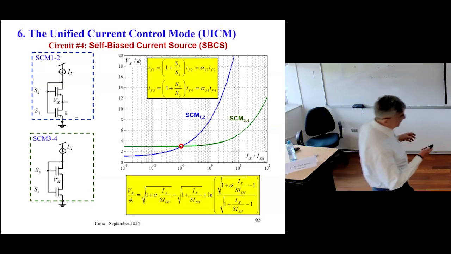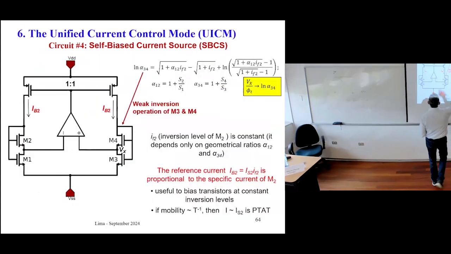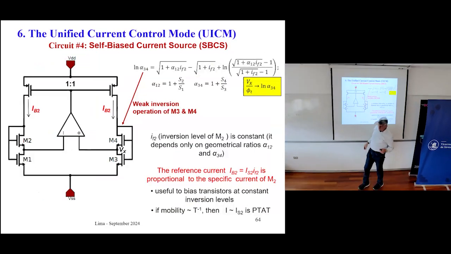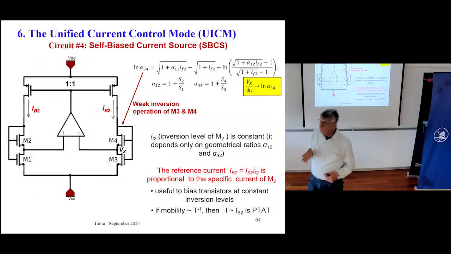And after having this current here, you can replicate it. Just include another transistor, and you can drive this current to another part of the circuit, for example, to bias a differential amplifier.